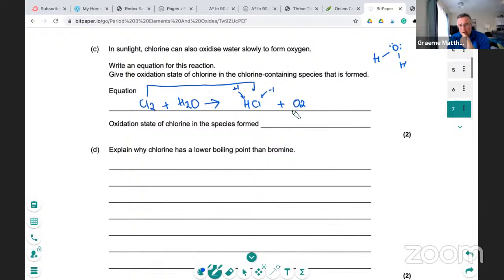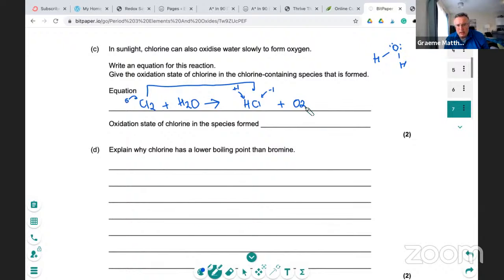So this is what I'm thinking then. The chlorine went from an oxidation state of 0 down to -1, right? It picked off a proton because Cl minus is not going to be happy on its own. It's going to pick off a proton and give you HCl like this, and you're left with O2.